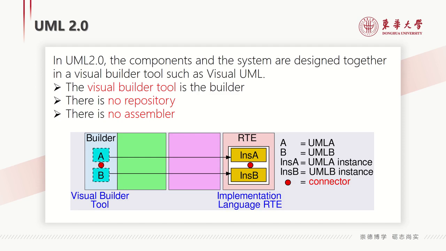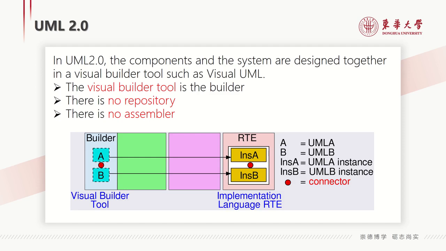Very convenient. Because UML components don't have any executable code inside the component, it's just drawing some blocks. So we only need a visual tool to draw the pictures. So the visual builder tool is the builder. Of course, there is no repository and there is no assembler.